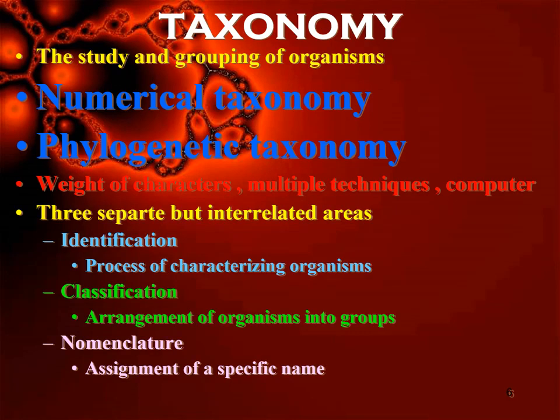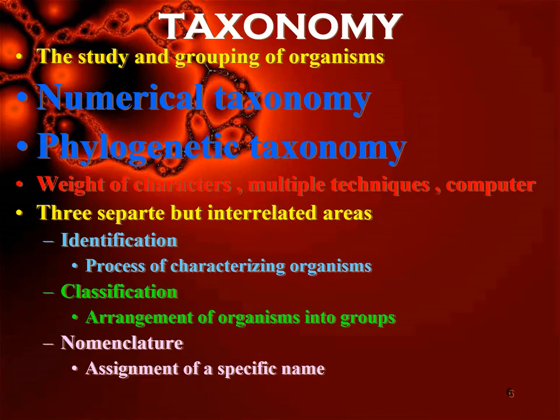There are 3 separate but interrelated areas used to reach taxonomy. First, identification, the process of characterizing an organism, such as by morphological and biochemical tests.